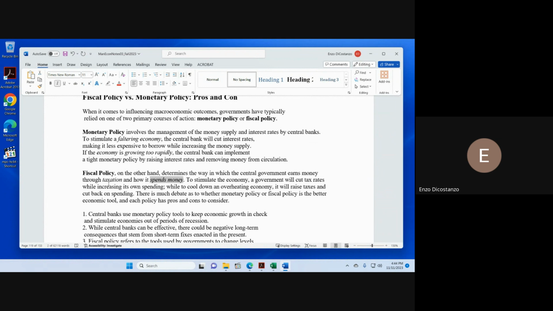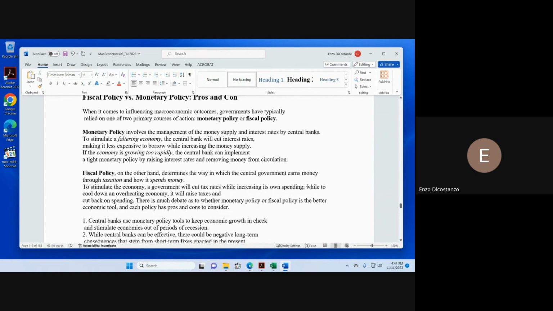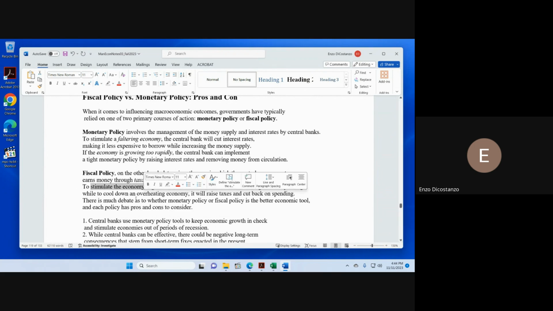To stimulate the economy, the government cuts tax rates and increases its own spending.